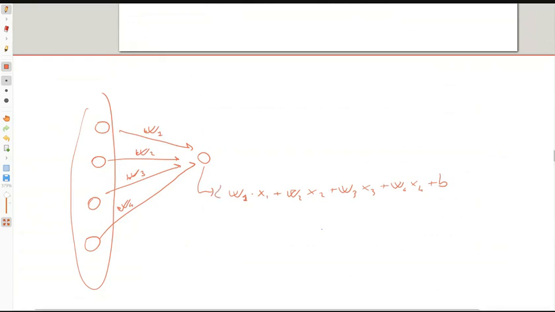And then there will be the nonlinear activation function, but for the moment we are not interested in this. Now, if I have other neurons here, I will have other weights. I will have W6, I will have W5, okay, and other weights here.